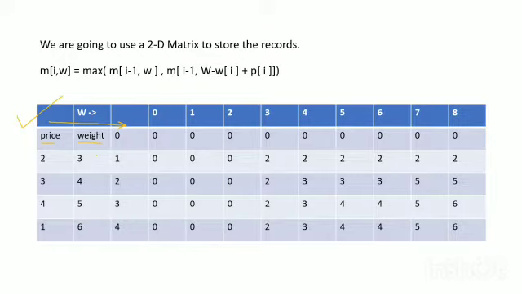This is your i index. For the first time, when the value of i is 0, we don't have any 0th element of the weight list, so this entire row will become 0. Similarly, when the knapsack weight is 0, we cannot store anything, so this entire column will become 0.